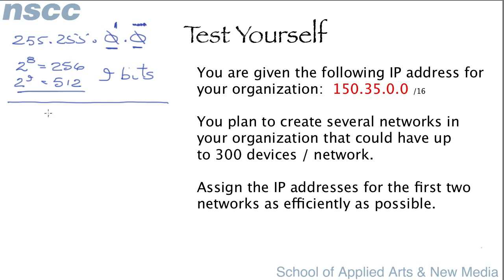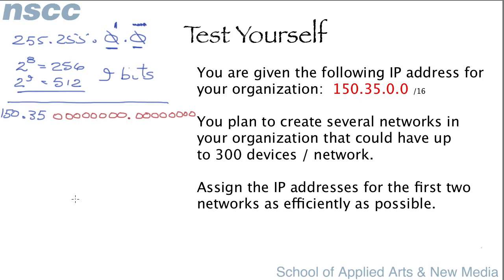So if I were to just look at 150.35, I'll write the rest out in binary here. We have 8, 8, and we have another 8 for my last octet.